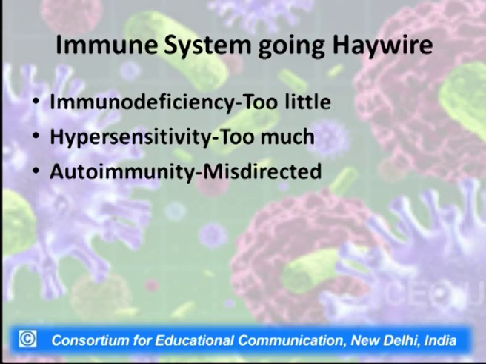So, that means too little is immunodeficiency, too much of immune system exhibition is hypersensitivity. However, a misdirected immune system is an autoimmunity. So, we must understand these three components: immunodeficiency, hypersensitivity, autoimmunity. Today, we will be discussing mainly about autoimmunity.